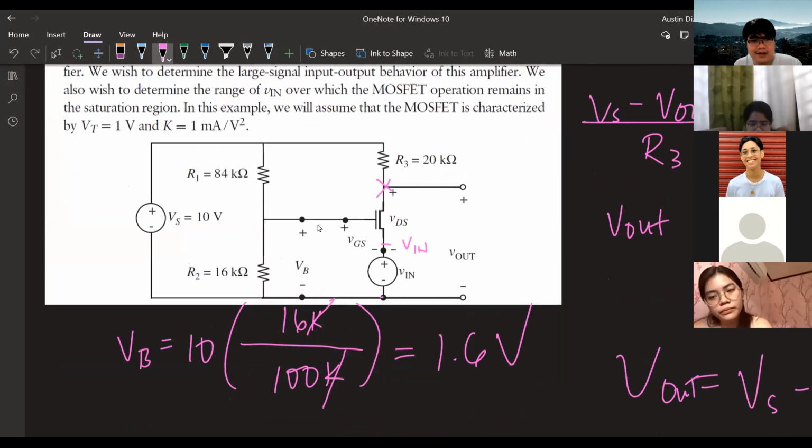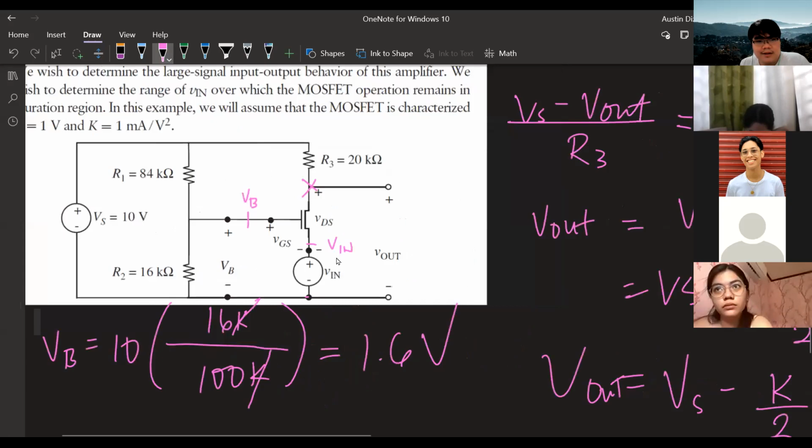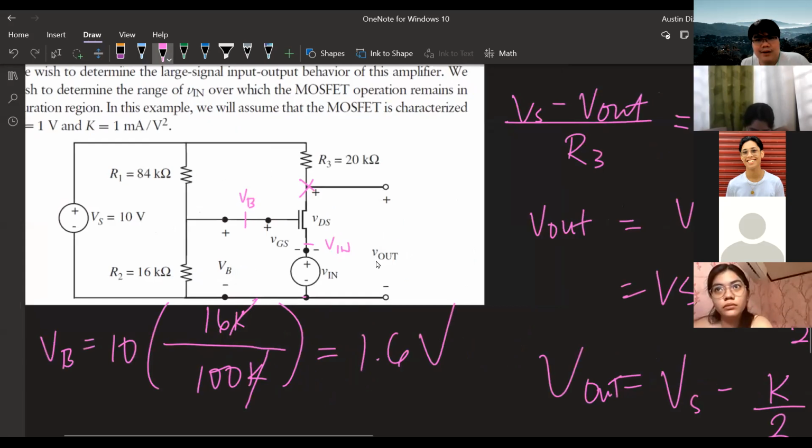Tapos, anong node voltage dito? VB ito, di ba? Tapos si VGS kasi measured siya with respect to the two lower arms of the MOSFET. So, minus mo lang kung ano yung voltage dito, tapos minus mo siya dito. So, VB minus Vin. Okay?